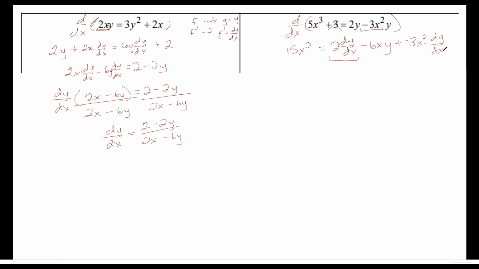So I need to group these two together. They're already on the same side, which is nice. So I just need to bring that guy over. I have 15x squared plus 6xy equals 2 dy/dx, subtract 3x squared dy/dx. And now I factor out that dy/dx.